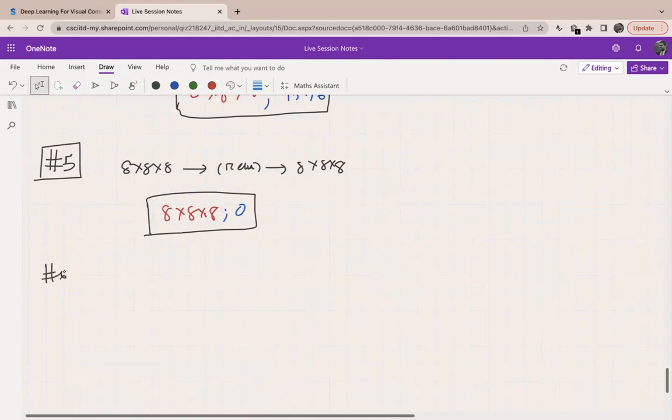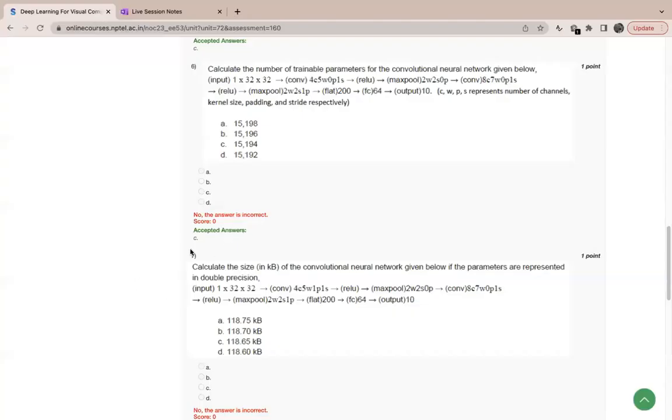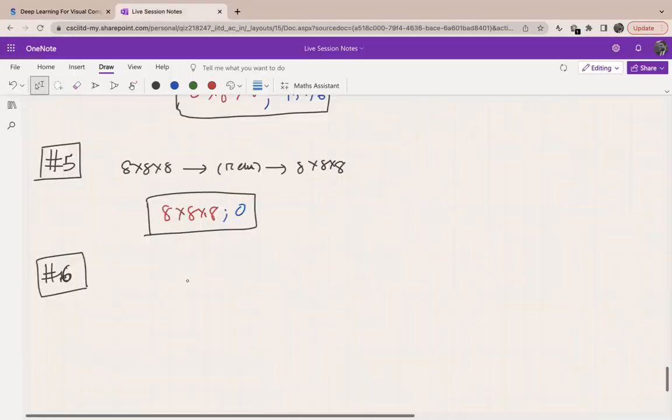Going to layer number 6. Layer number 6 is max pool, taking 8 cross 8 cross 8. Max pool has filter 2, stride 2, padding 1.